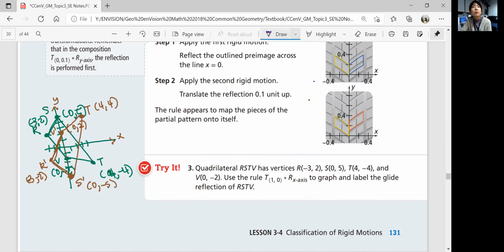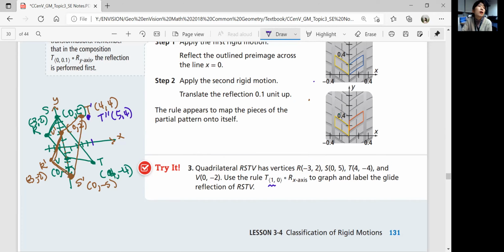And then your next transformation would be your translation of one unit to the right. So move all your points +1 for your x values. Okay, so your T, that was T prime, right? T prime becomes 5, 4 instead of 4, 4.